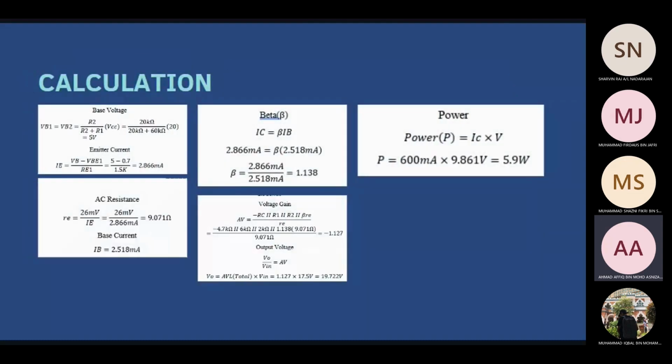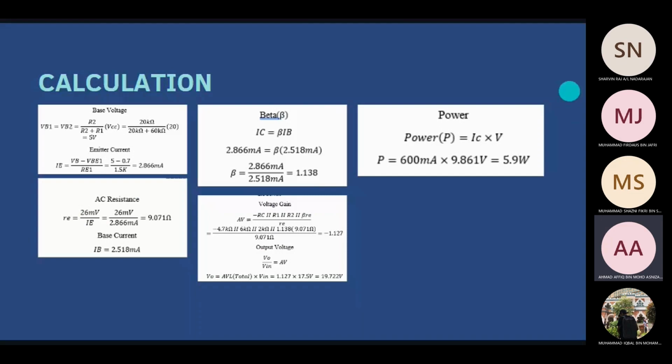Okay, for the calculation, to find the base voltage we use VB, which is R2 divided by R2 plus R1, multiplied by VCC. That is 20 kilo ohm divided by 20 kilo ohm plus 60 kilo ohm, multiplied by 20, and we get 5 volt.